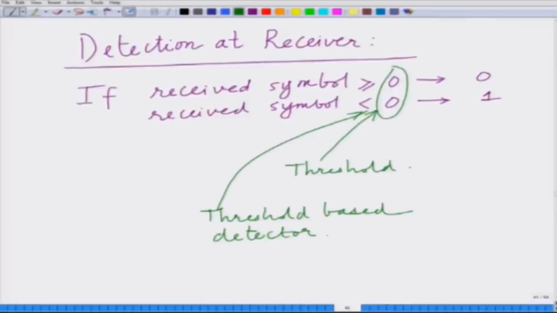And as we had seen before, since we are transmitting the voltage symbol 1, there will be an error if the received symbol is decoded as the information symbol 0, and that happens when the received symbol is greater than or equal to 0.